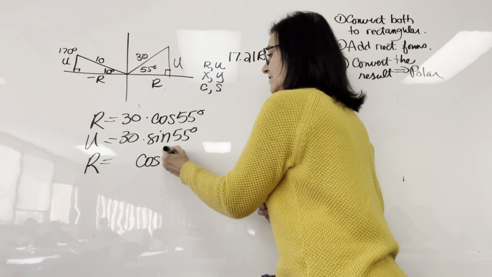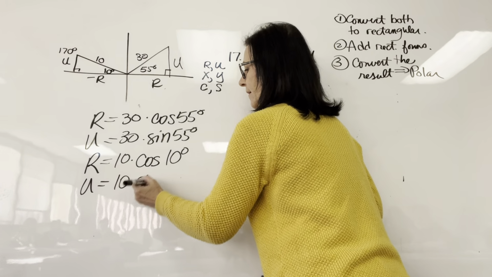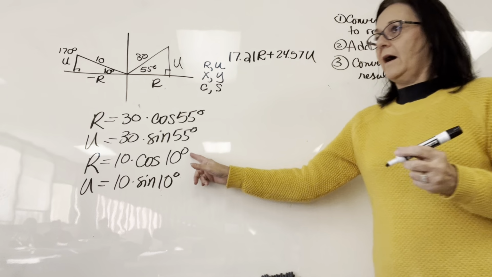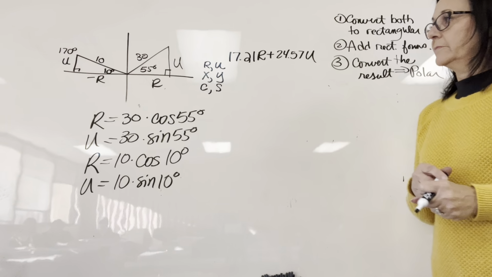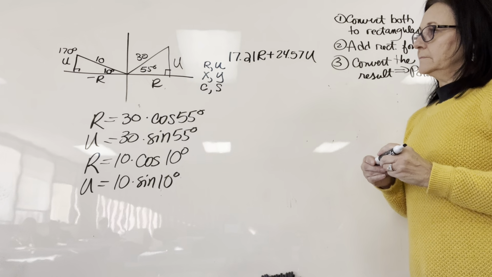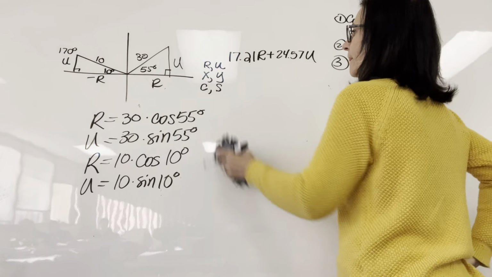Ashley, what do we do for U? It would just be 10 sine 10. All right. Sarah, get R. Ashley, get the value for U. All right. R is negative.